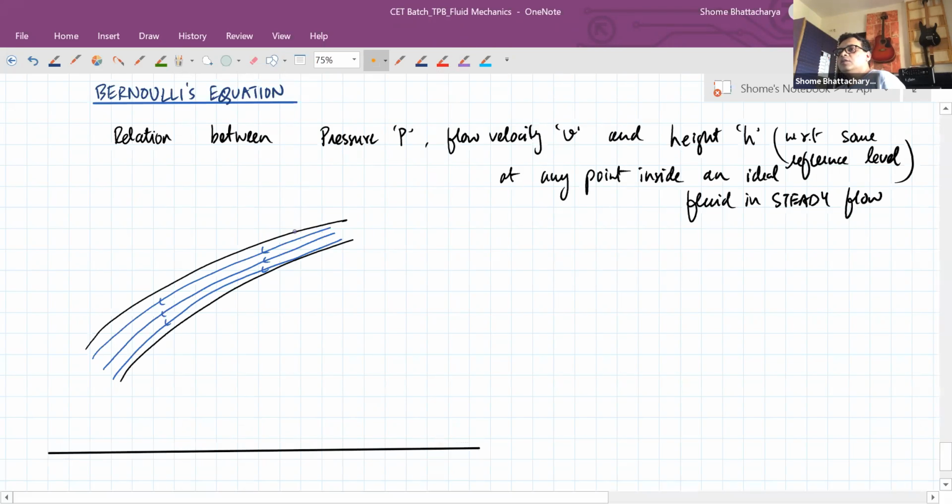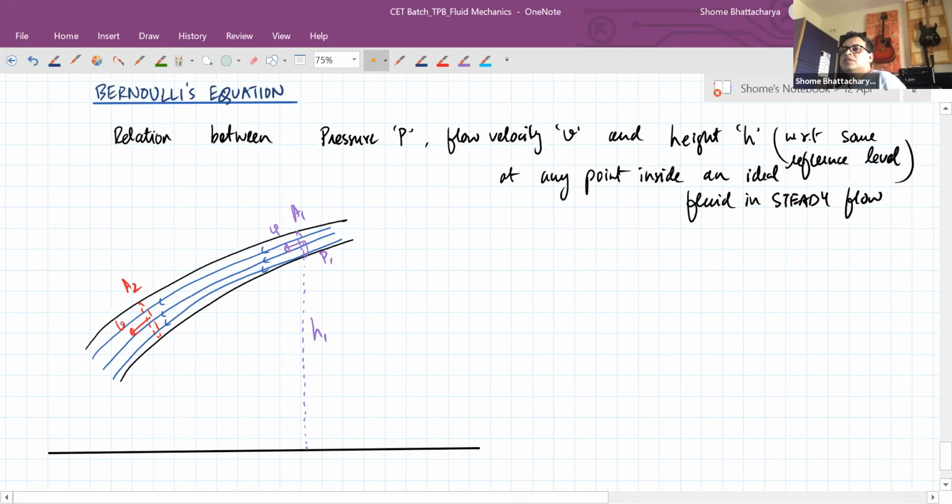So in this pipe now, if we consider any position like this, which has cross-sectional area A1, at this point the velocity of flow is V1 and the internal pressure here is P1, and also the height level of that cross section from my reference level which I've drawn below is H1, and like that I consider another cross section, let's say here, of area A2.